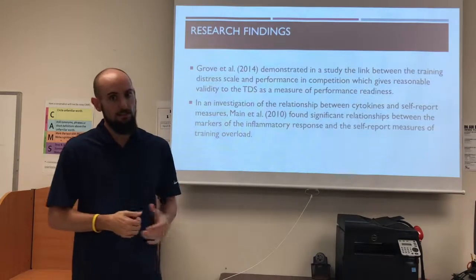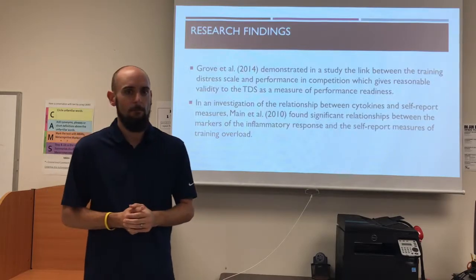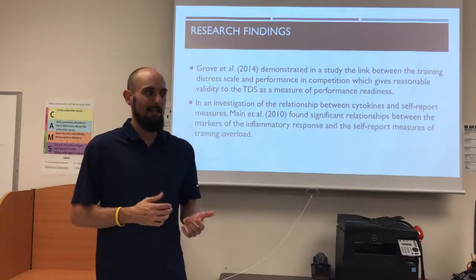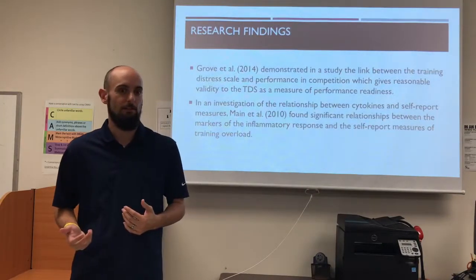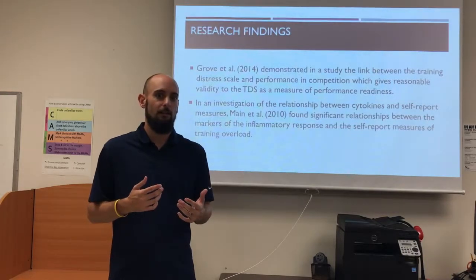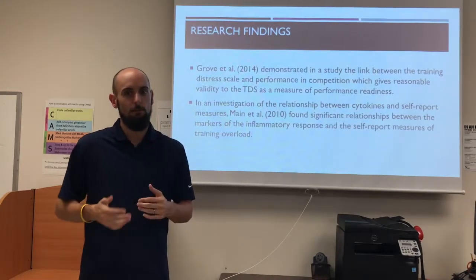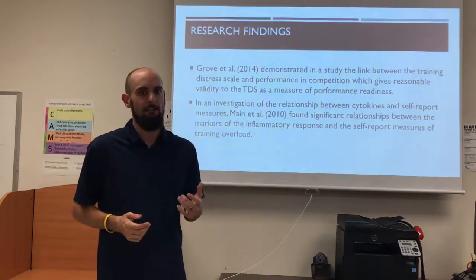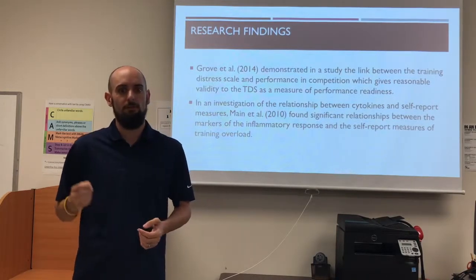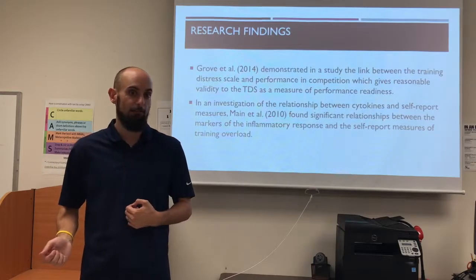In another study done in 2010, it explored the relationship between the inflammatory responses and the multi-component training distress scale. The researchers used rowers in this study, and they compared the results of blood work they took to look at the inflammatory responses and compared that to the results of the self-report the athletes filled out.